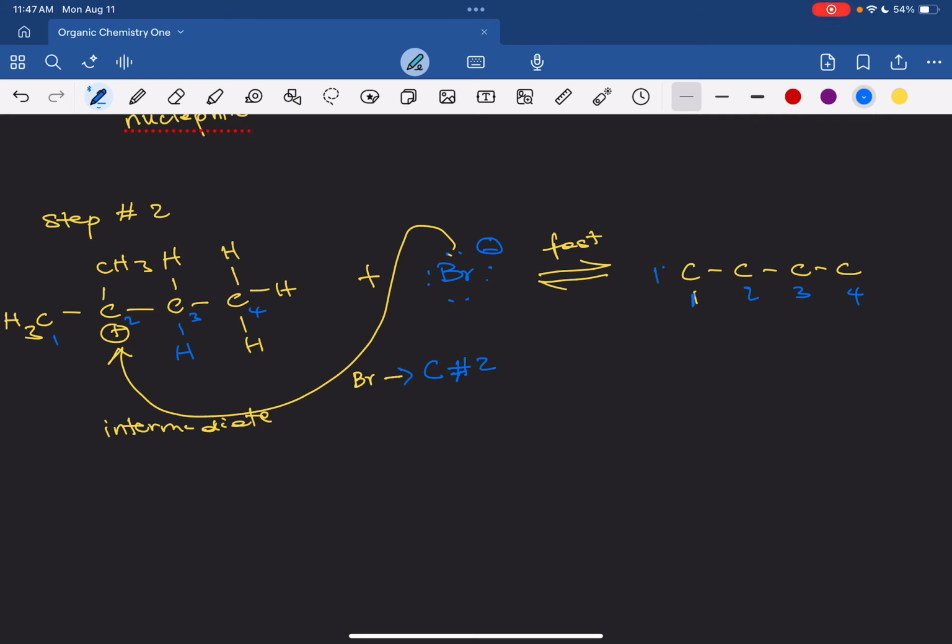So we still have three hydrogens here. Carbon 1, carbon 2 has CH3. But remember now, the two electrons on bromine, I'm using up these two electrons to make a bond with carbon 2. So carbon 2, we're making a bond with bromine. Remember, I use up these two lone pairs, so I only have these left, okay?